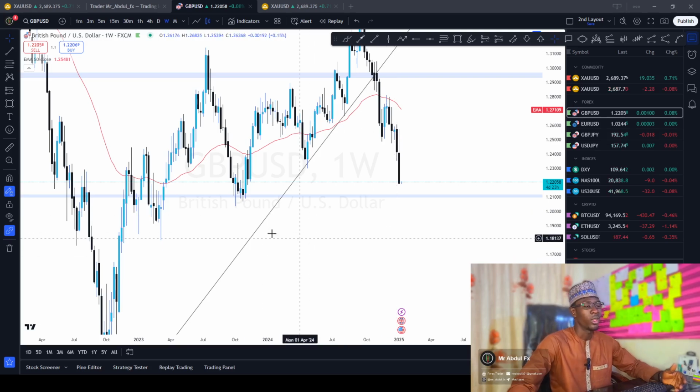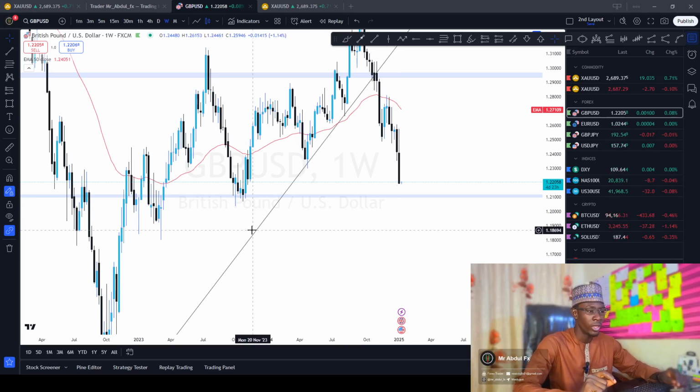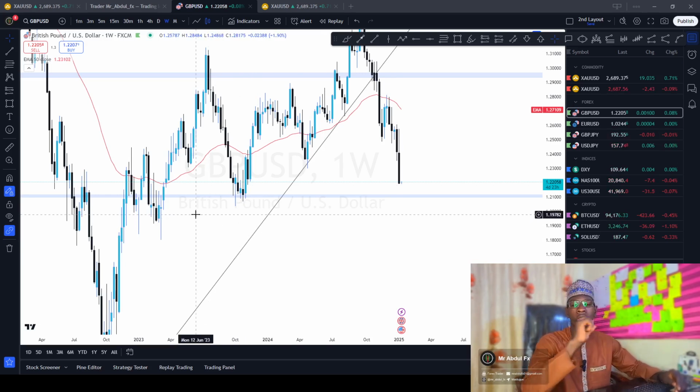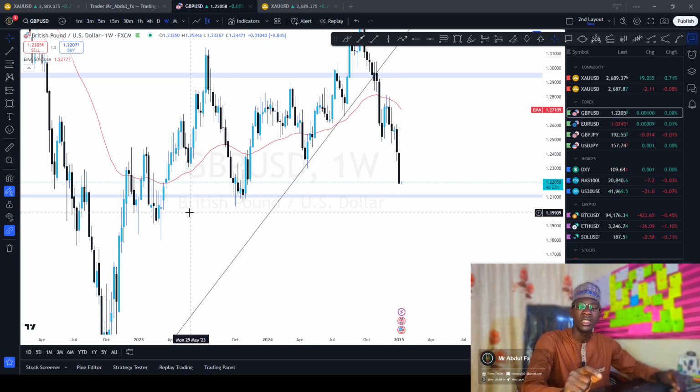Whenever a candle closes without a wick at the bottom, there is a 50-50 probability that price will continue to push in that direction. Meaning, if we close without a wick at the bottom, there is a 50-50 chance that we might continue pushing bearish, and vice versa for a bullish candlestick.